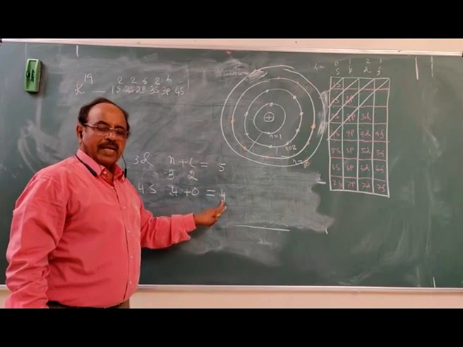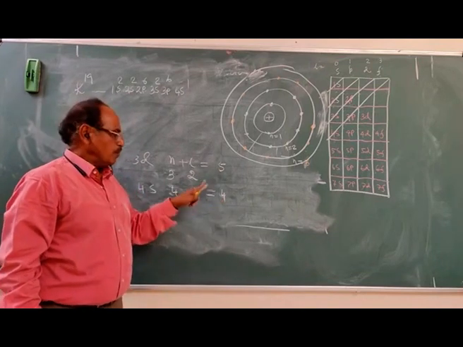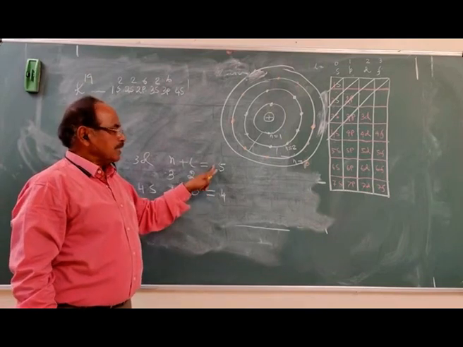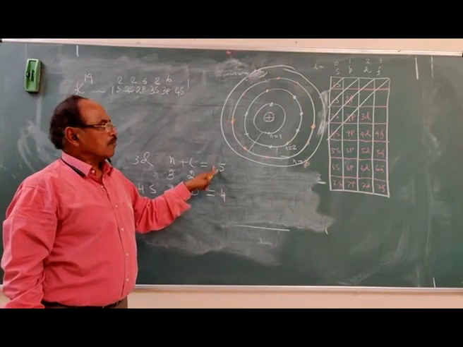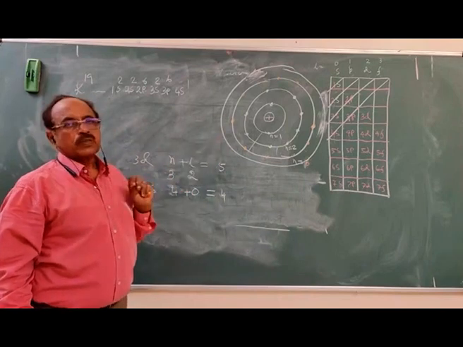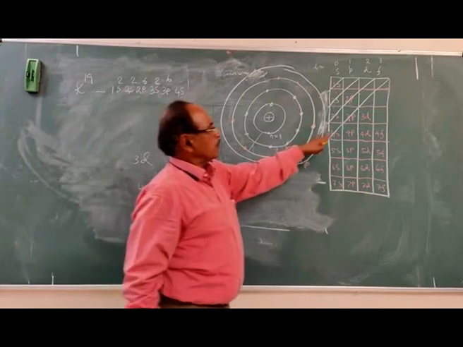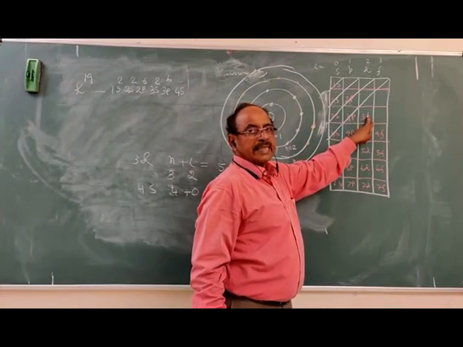Hence, the n plus l value of the 4s orbital is lower than that of 3d. Hence, the electron finds itself in the 4th shell. And after completion of the 4s, the electron will go to 3d.